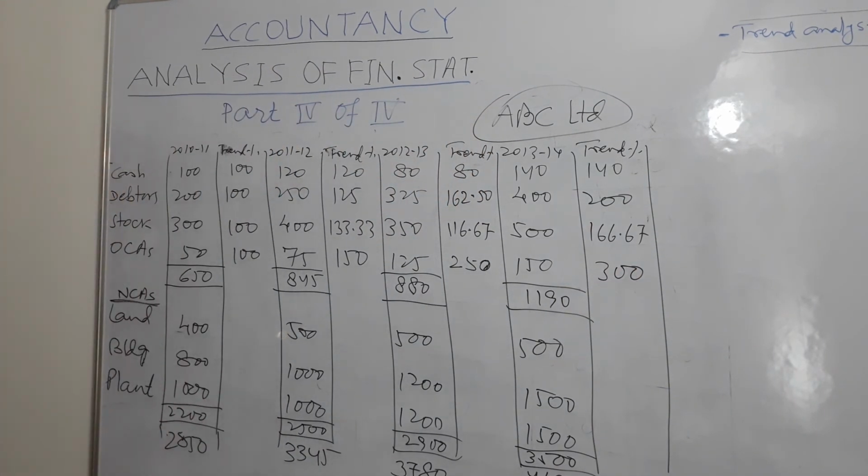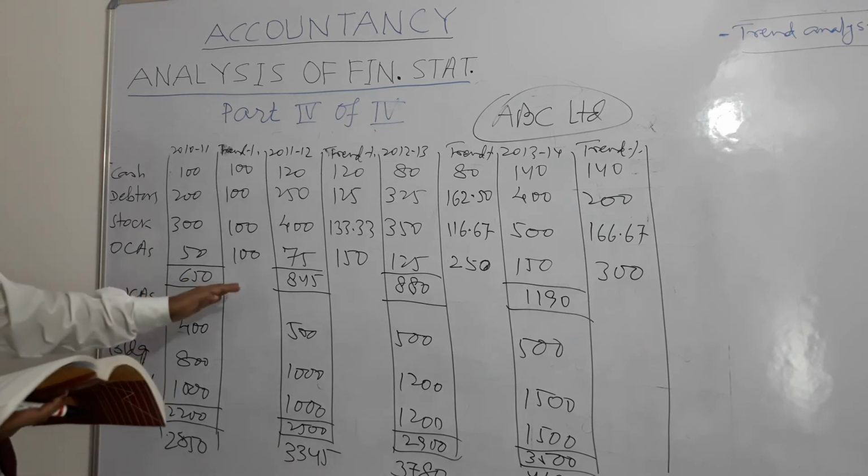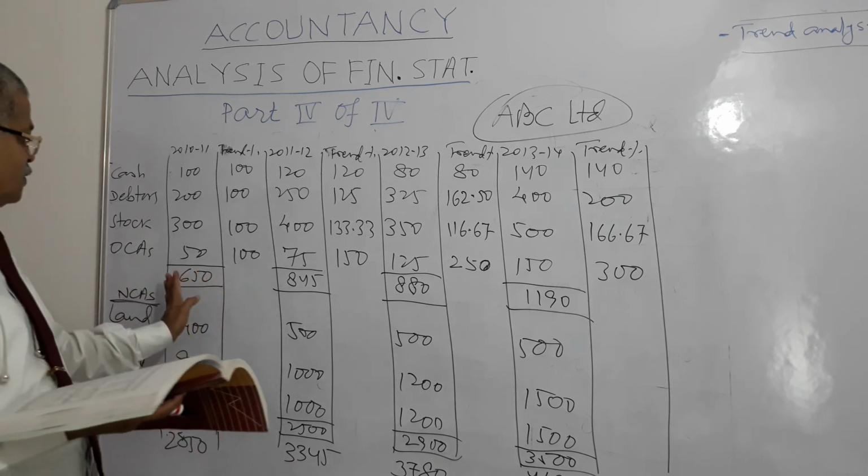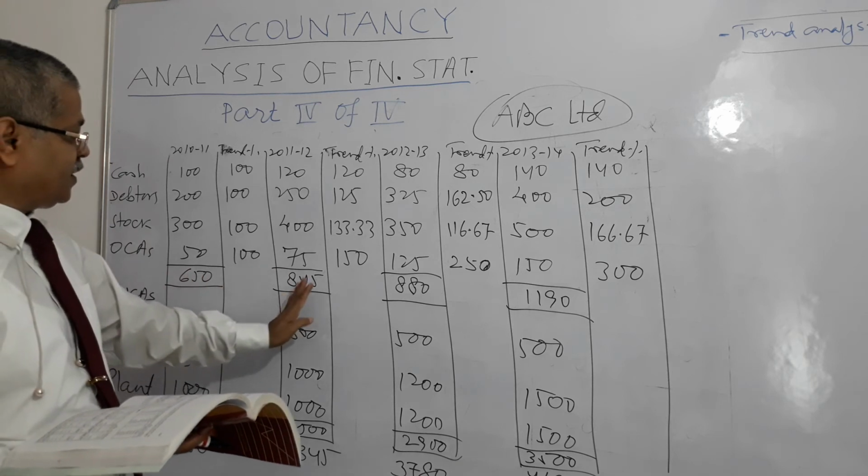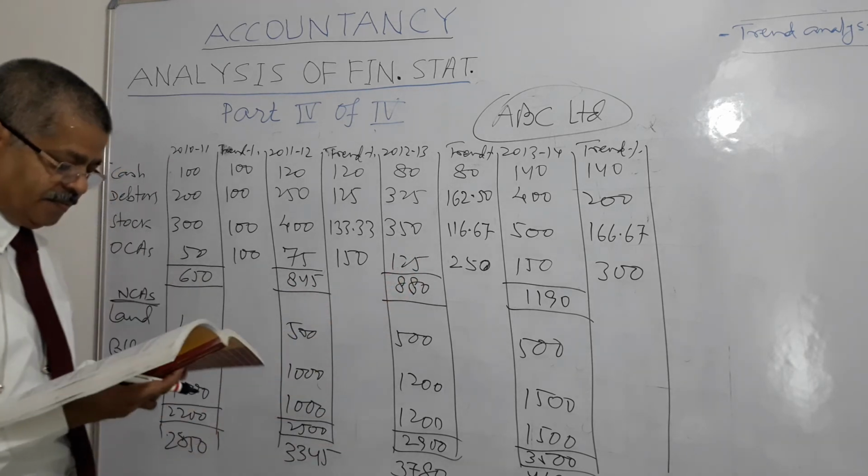Okay, and in the same way here they have calculated: 650, 845, 880, 1190.